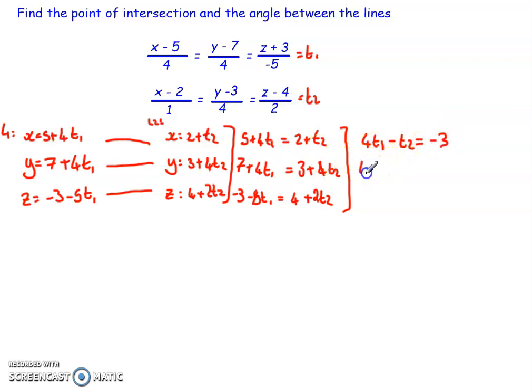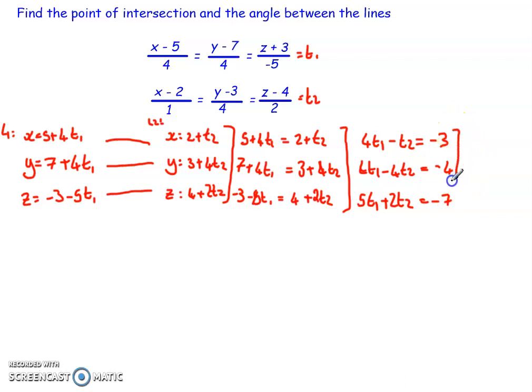Second one here would give me 4t1 minus 4t2 equals 3 minus 7, so that equals negative 4. And then the third one, that would give me 5t1 plus 2t2 equals negative 3 minus 4, which is negative 7. So what we do now, we pick a pair of equations to solve, and then we use the third one as our checking equation.